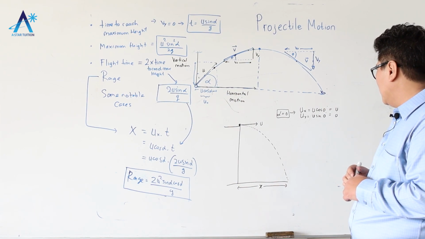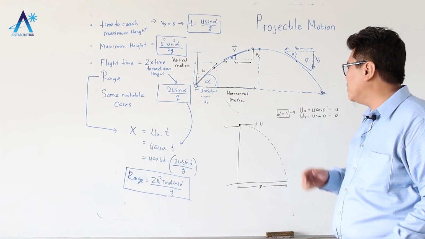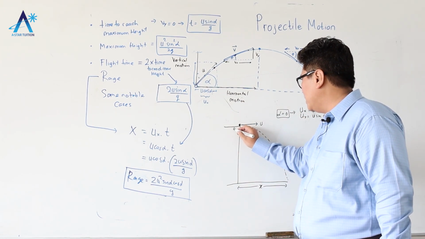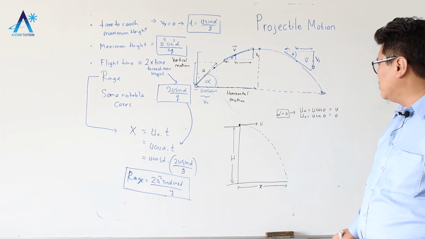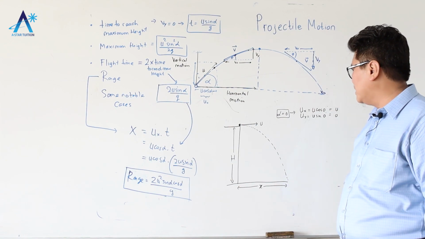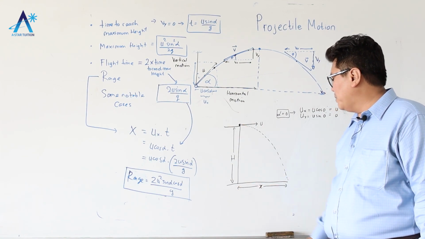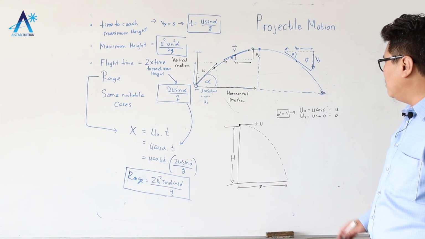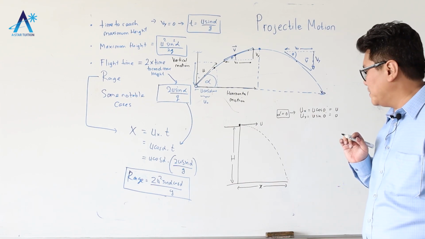Usually the height h is given, and you want to find this x. What is the horizontal displacement of the particle from the base of the building? In order to do that, let's analyze the vertical motion first.